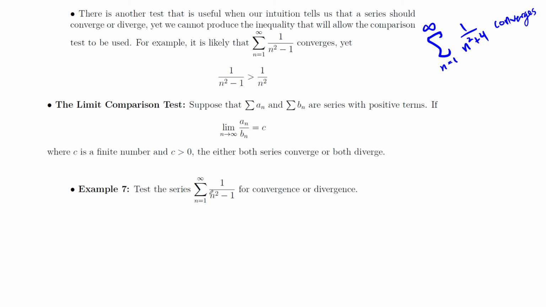So this one, while I couldn't use just the pure comparison test to compare it to 1 over n squared, what I can do is use the limit comparison test.